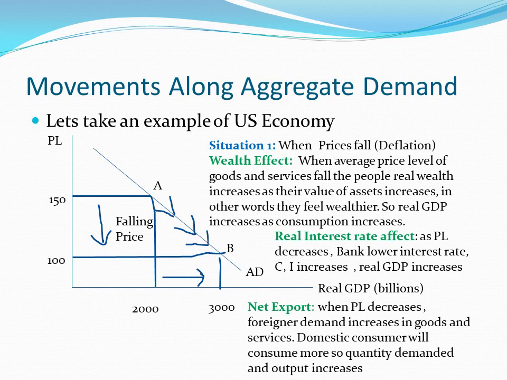Here you can see from 2000 to 3000. So this is a situation when the price level falls from 150 to 100 and real GDP or output increases from 2000 to 3000 billion dollars from point A to B. This situation we call movement along the aggregate demand curve.